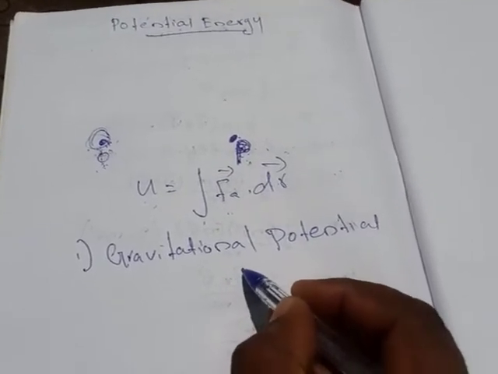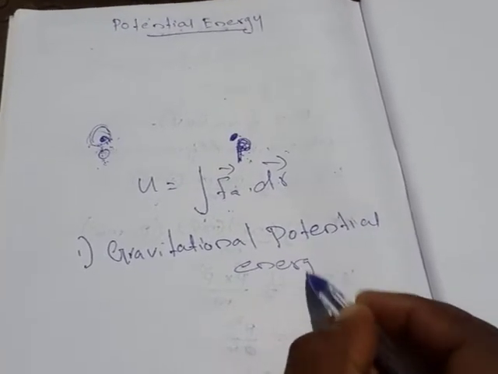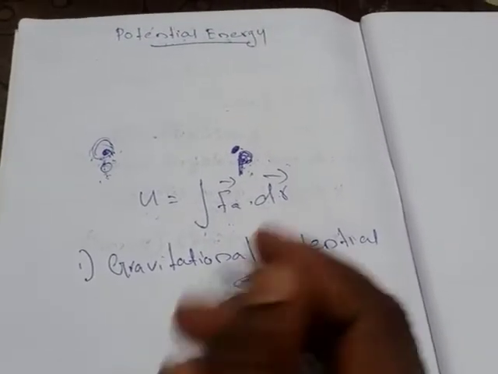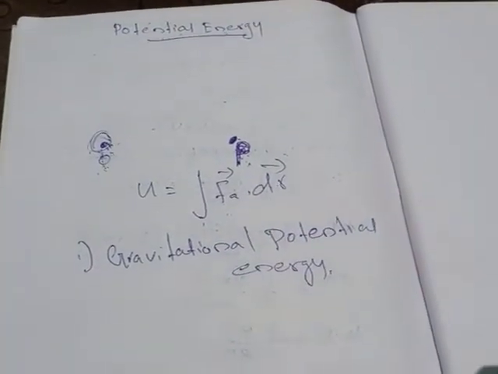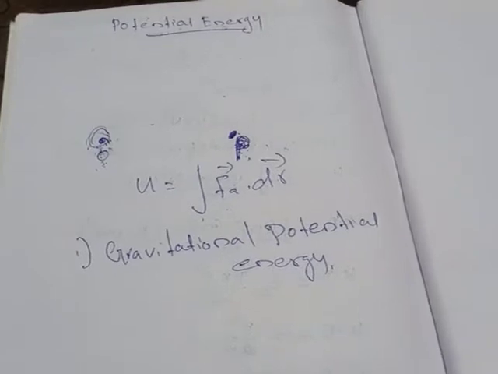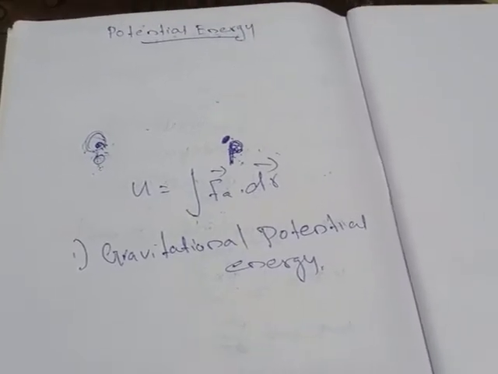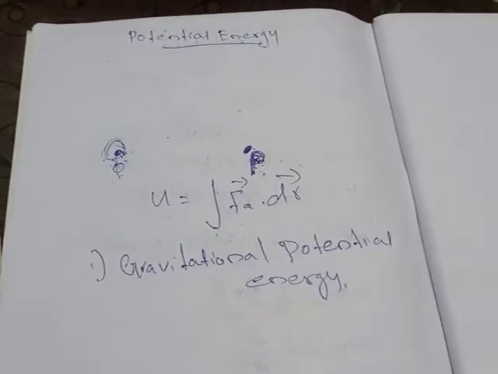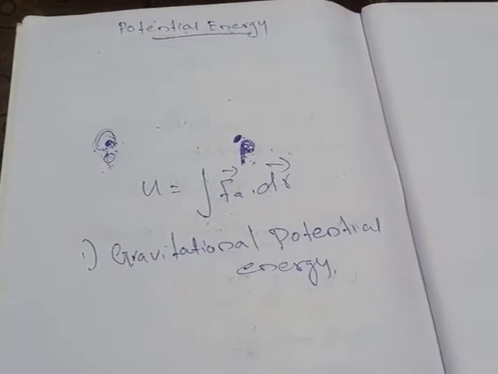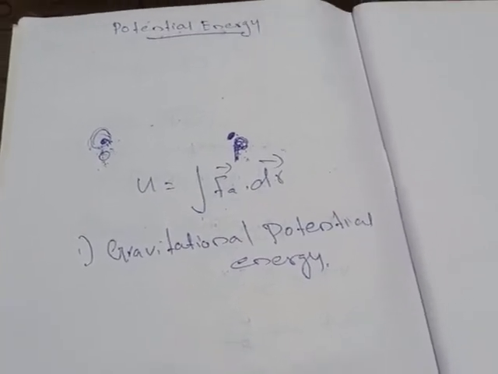And in your classroom, the blackboard is lifted upward so that you can see the writing on the board clearly. So the board possesses gravitational potential energy.